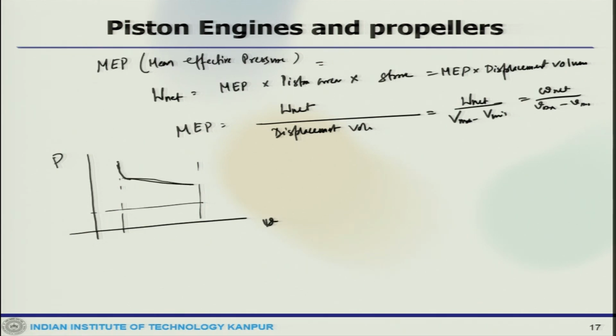Here it goes, comes back. So, that is W net, and this is MEP.